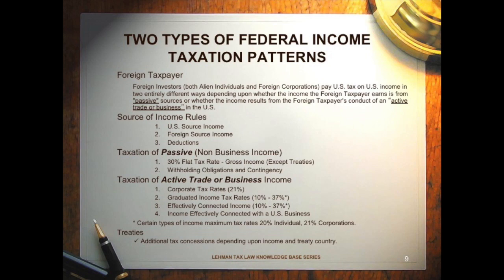And that leads to the term a withholding agent, because there's no other way to collect these taxes unless you put someone in the United States who's in charge of paying the income out and make them the first people who need to be concerned with it.